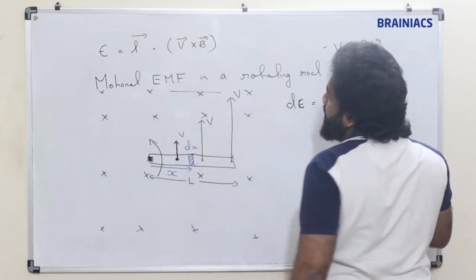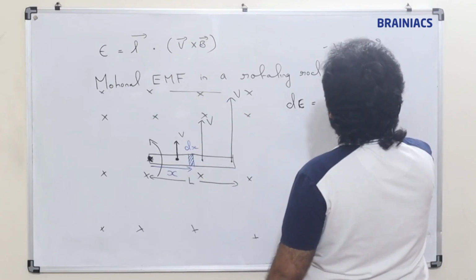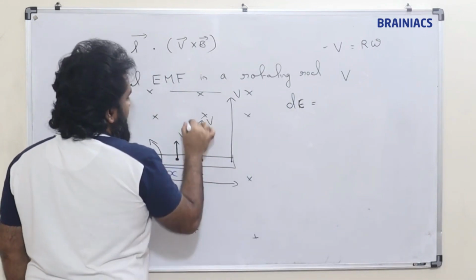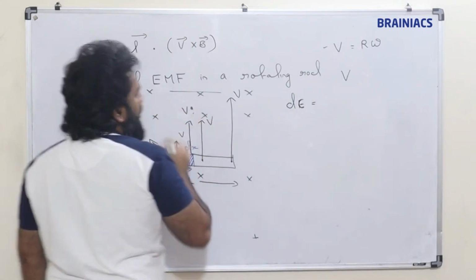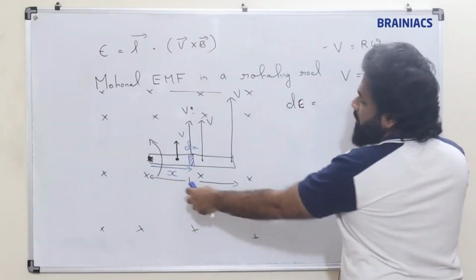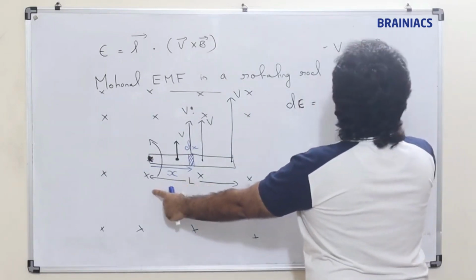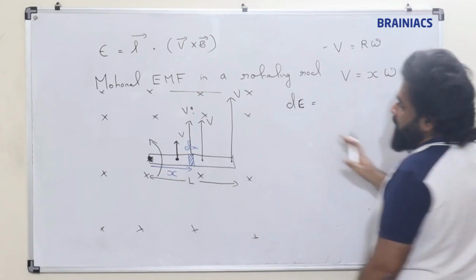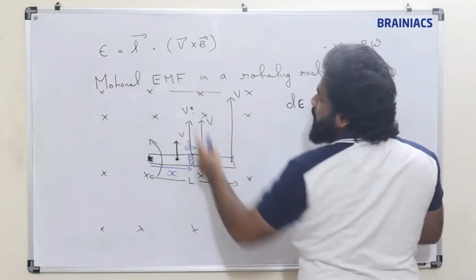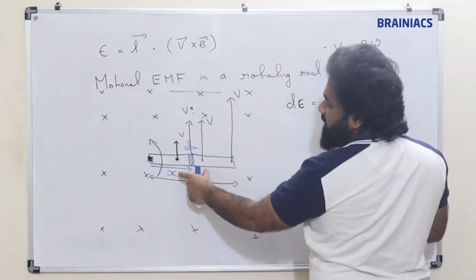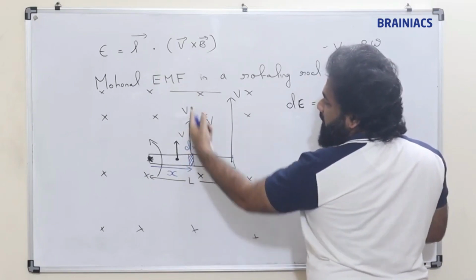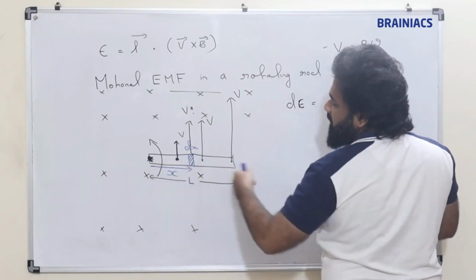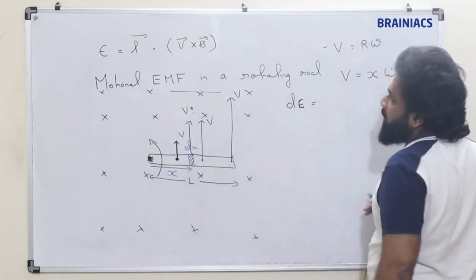Applying this formula, what about V here? For this position, what will be V? Instead of r, I can say x, and this is omega. So instead of r omega, x omega. So dE is equal to, they are mutually perpendicular. During motion, at that instant, velocity is in this direction, magnetic field is in this direction, and the displacement is in this direction, so everything is mutually perpendicular.